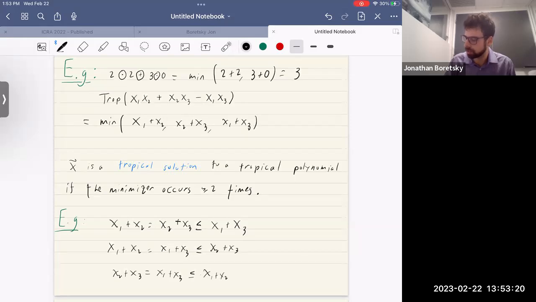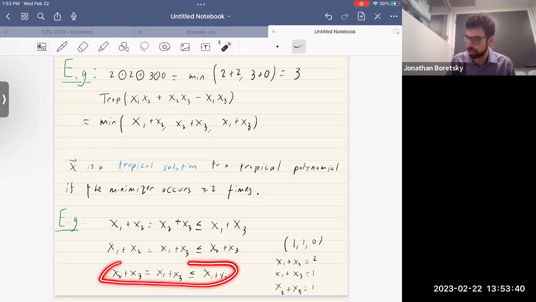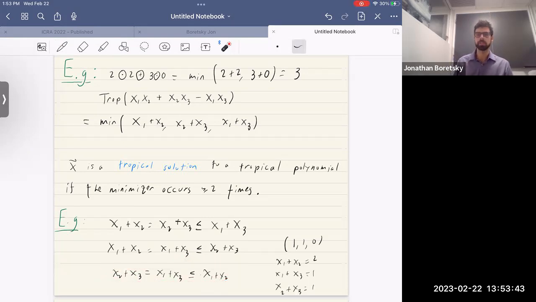So if we took, for example, the point 1, 1, 0, we'd have x1 plus x2 equal to 2, x1 plus x3 equal to 1, x2 plus x3 equal to 1, and we find ourselves exactly in this situation. So this would be an example of a tropical solution to this polynomial.